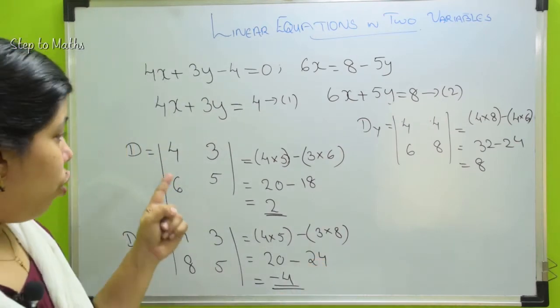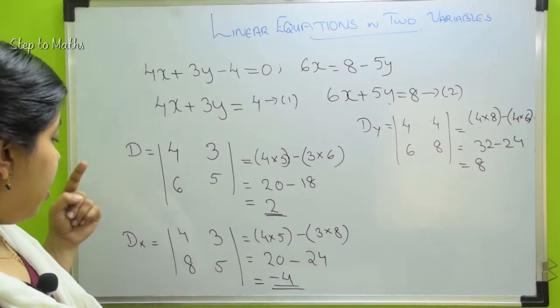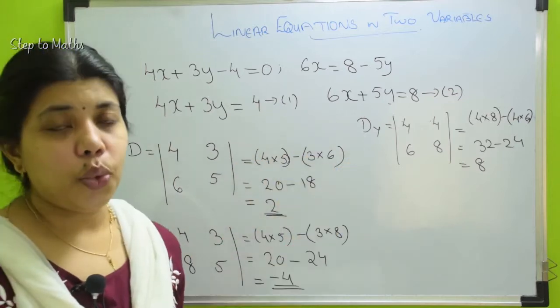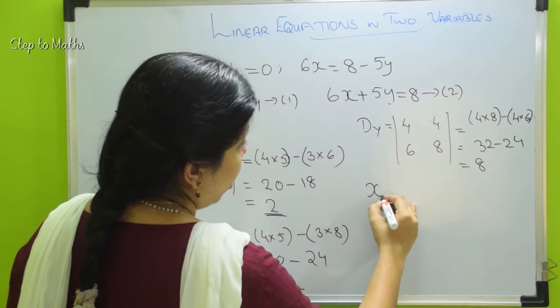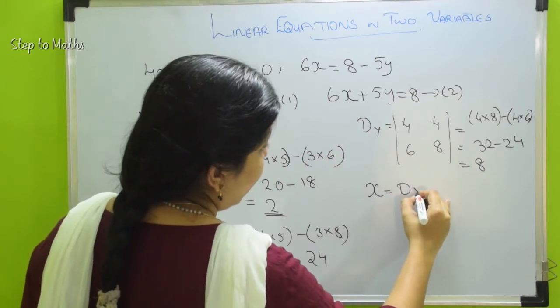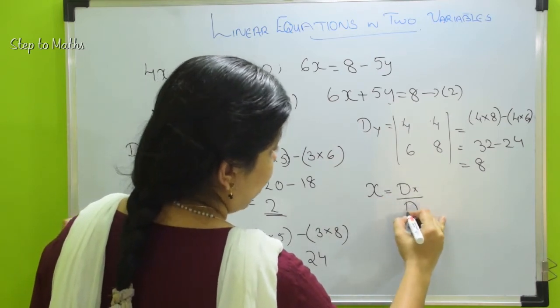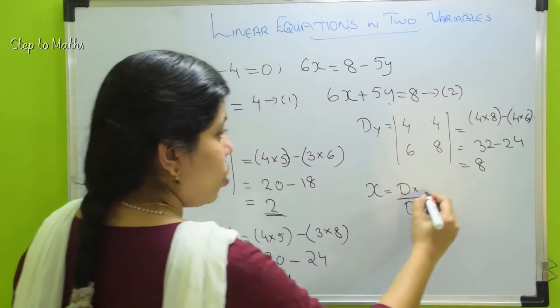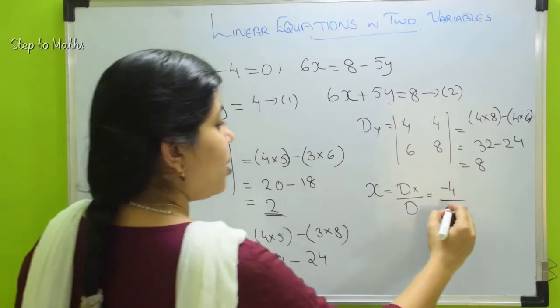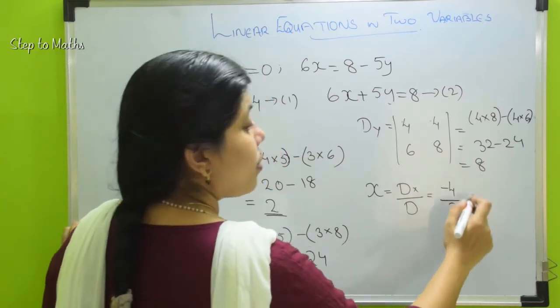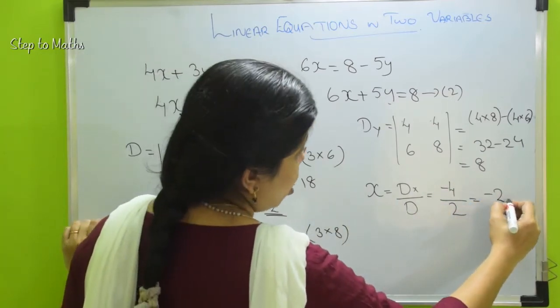Now we have the values of determinants D, Dx and Dy. Then we know the value of variable x is equal to Dx upon D. The value of Dx is minus 4 upon the value of D, which is 2. That is minus 4 upon 2, which is minus 2.